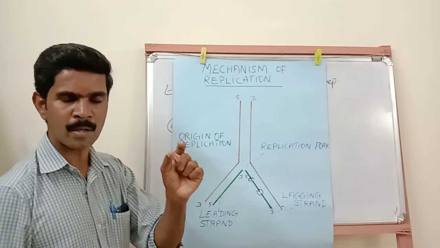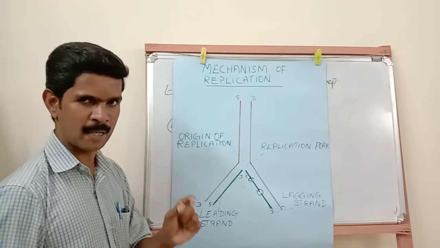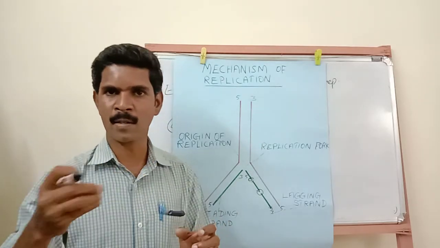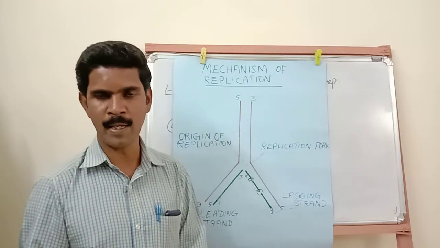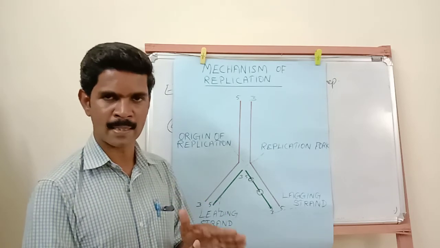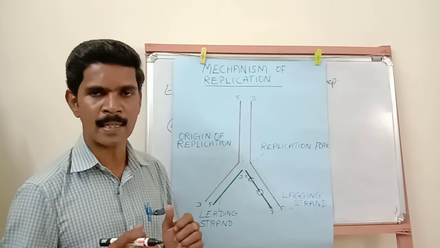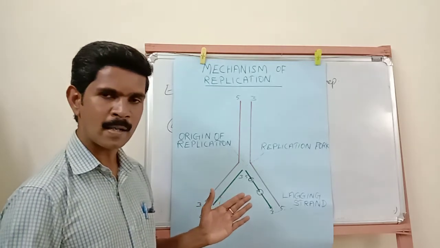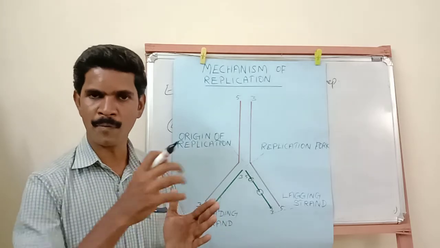Mostly a small piece of RNA is used as a primer. After the replication process is over, the RNA piece or primer is removed from the DNA. Now a small gap is there. That gap is connected or pasted with the DNA ligase enzyme. And this RNA primer is removed from the 5 end.